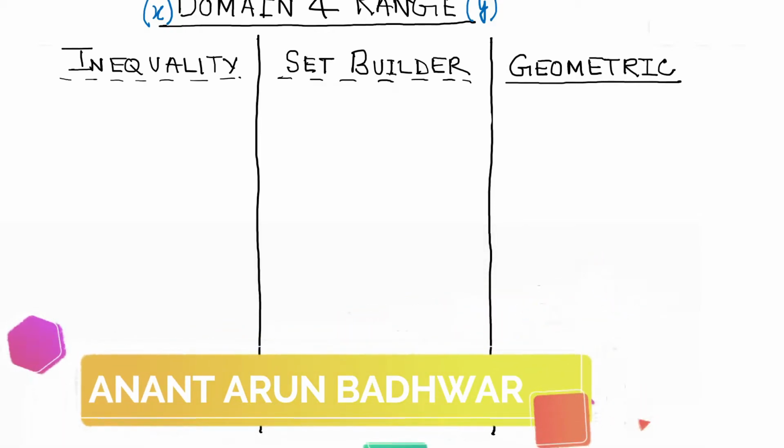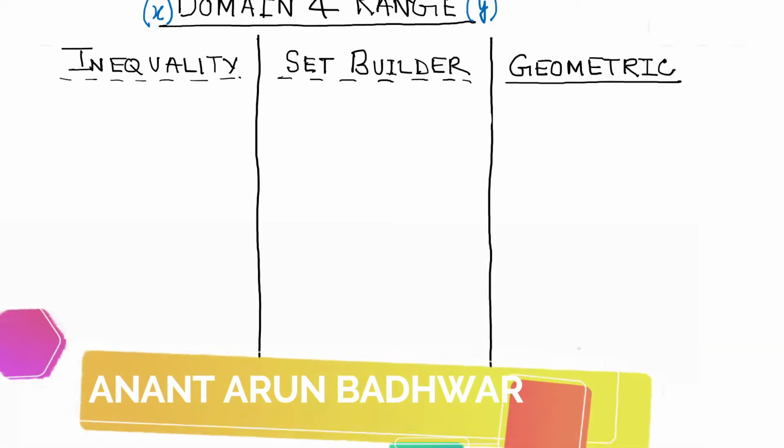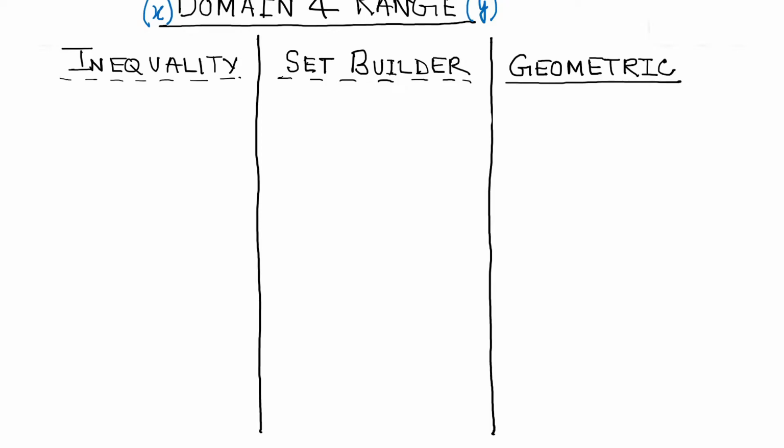In this session, we shall be discussing the domain and range of a function f(x). So let's start. Now the prerequisite for this session is that you should have already done the earlier session on functions, wherein we had introduced the concept of domain and range.